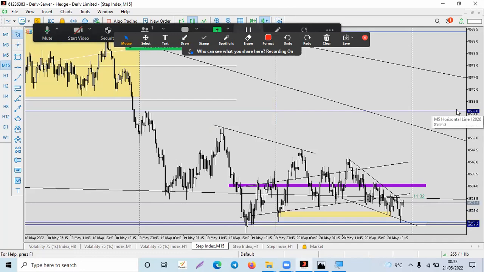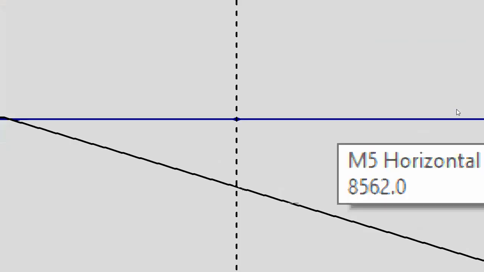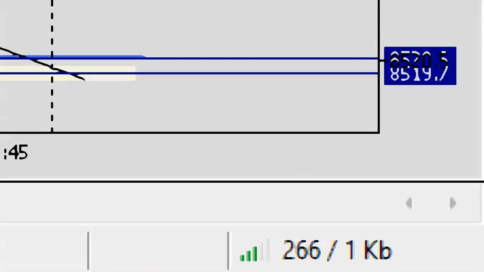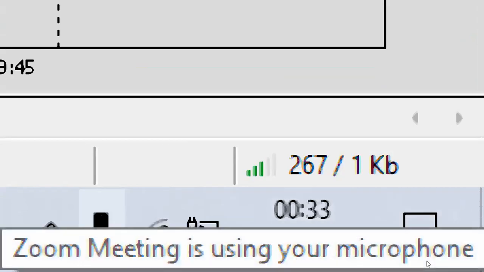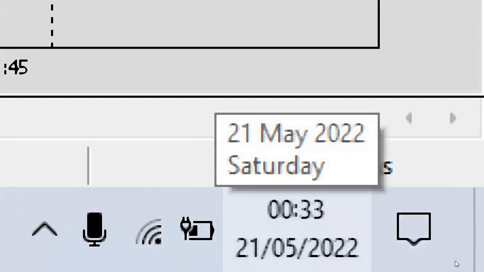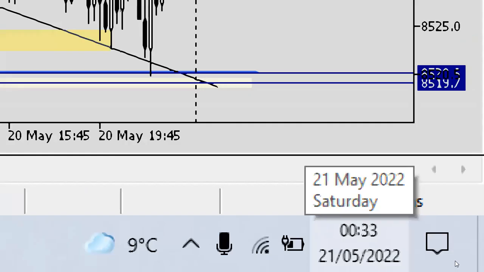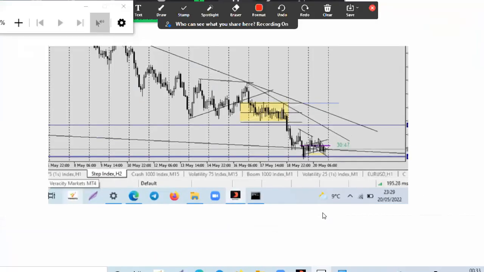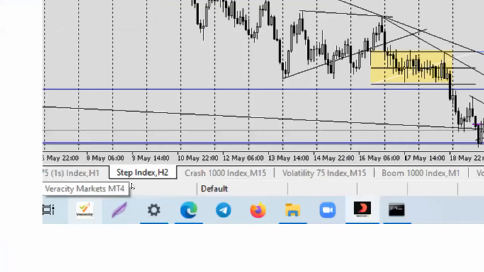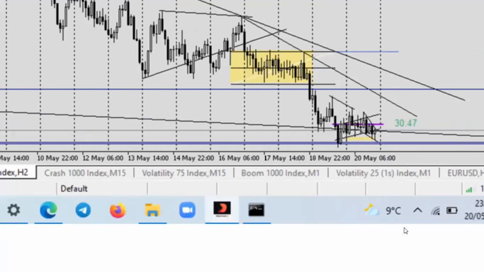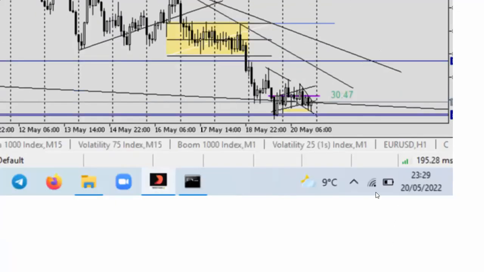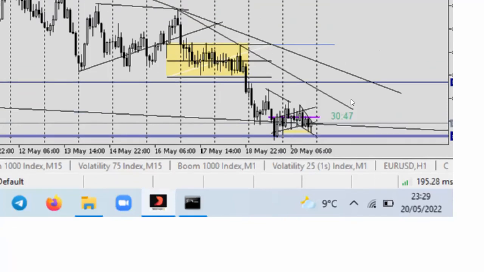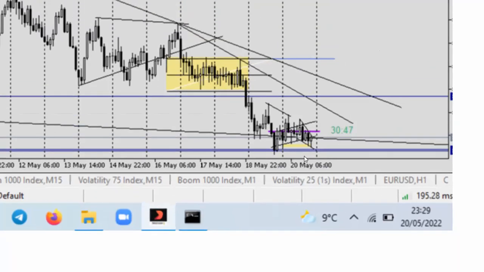Look at the time now. 00:33, Saturday. When was it that I discovered the trade? I analyzed this looking at a 2-hour time frame, back at 11 o'clock. Analyze this. What I saw.